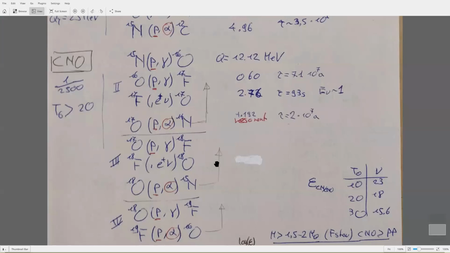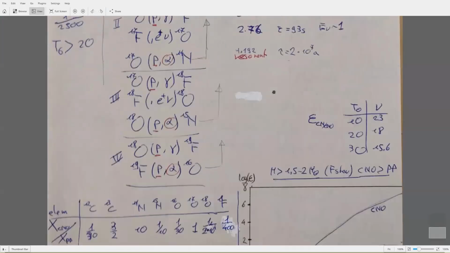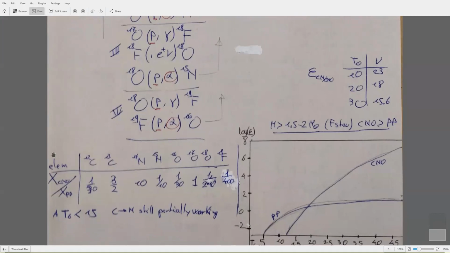This one. Reaction mainly because you have this interesting result. If you consider the abundance of these elements in a star with CNO and a star without CNO, just proton-proton, you can see a nice change in composition, because carbon-12 drops and carbon-13 is a little enhanced.